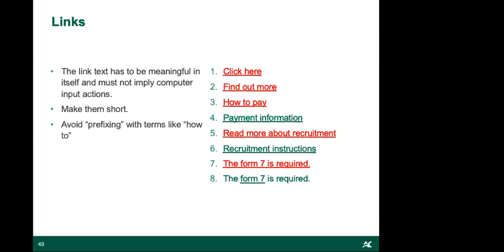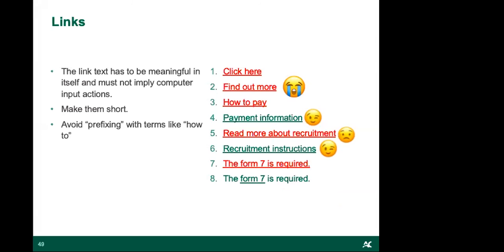So those constructions just get in the way. So those are some examples. "Click here", "find out more", "how to pay", very bad. Okay, instead of "how to pay", "payment information". That's the idea. "Read more about recruitment"? No, let's go with "recruitment instructions".